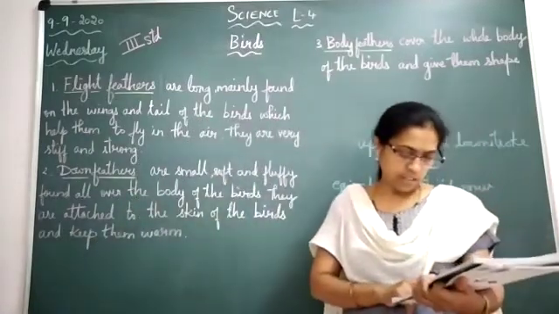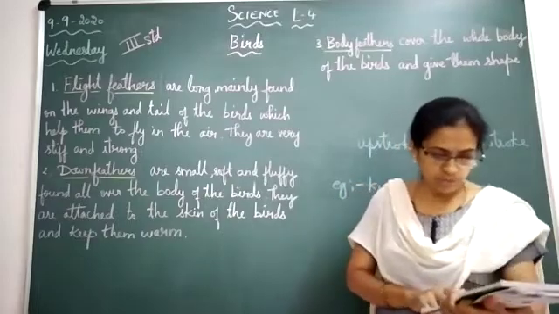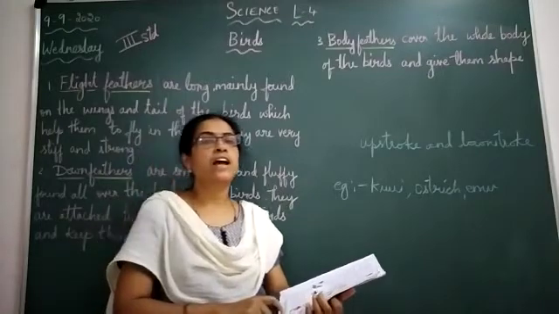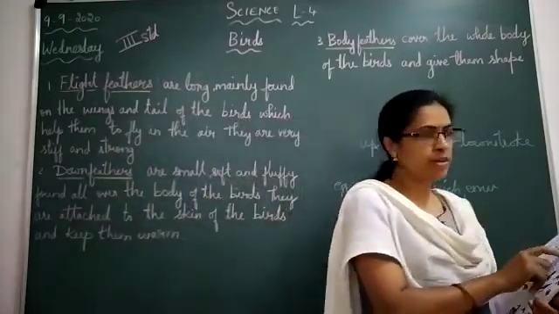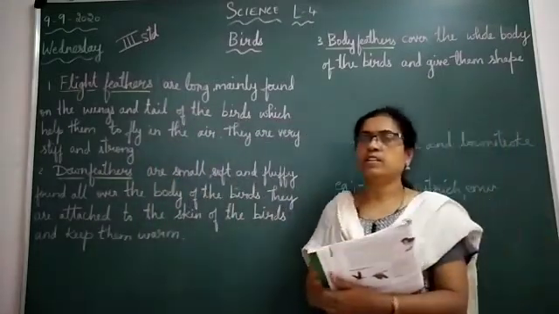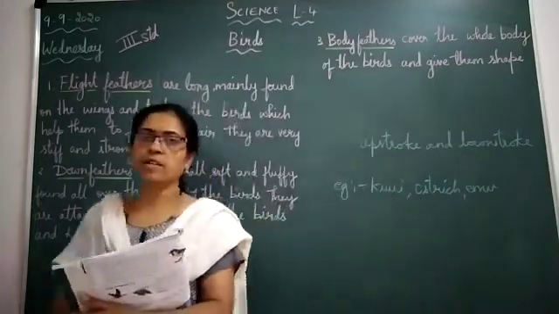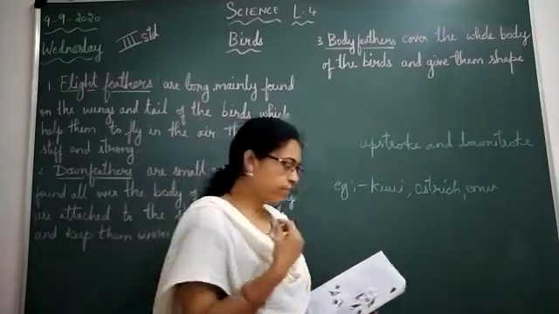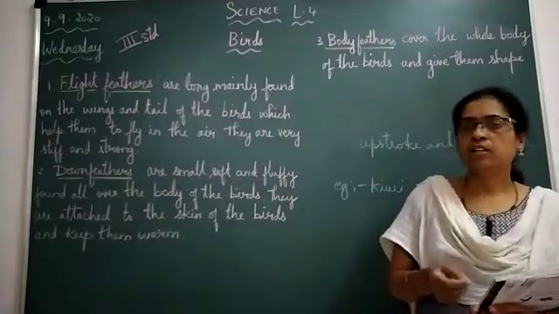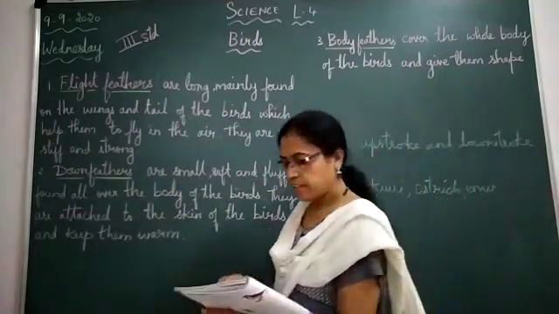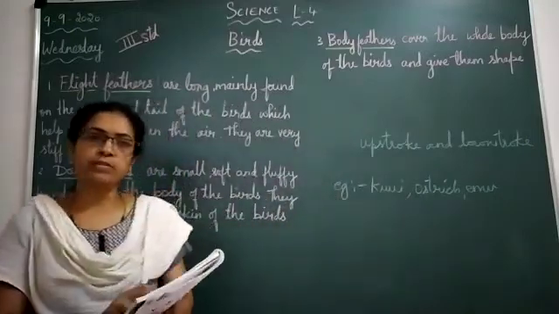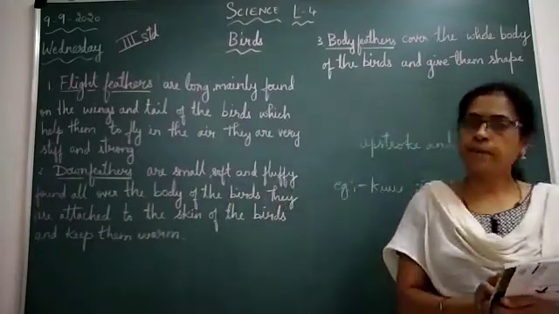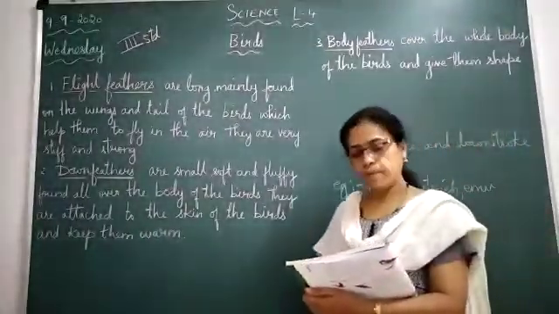Preening means cleaning feathers with the beak. Protecting means if any other animal attacks them, they can fight back with the help of the beak, so they can protect themselves. They can also feed their young ones and build the nest with the help of their beaks.